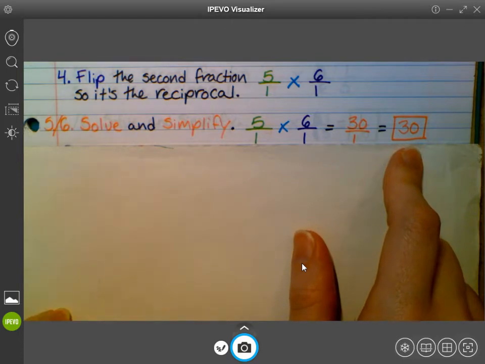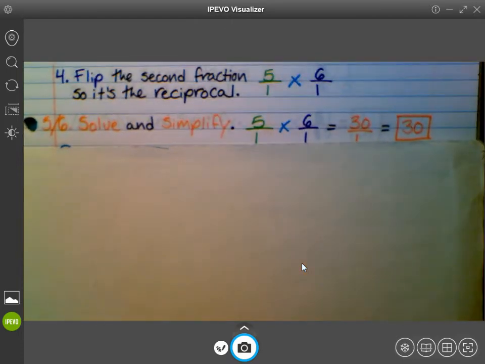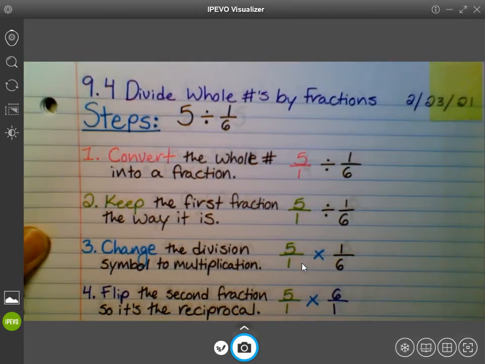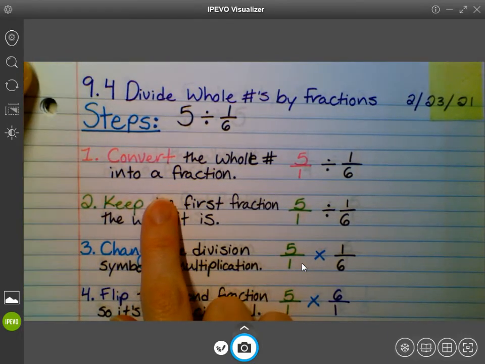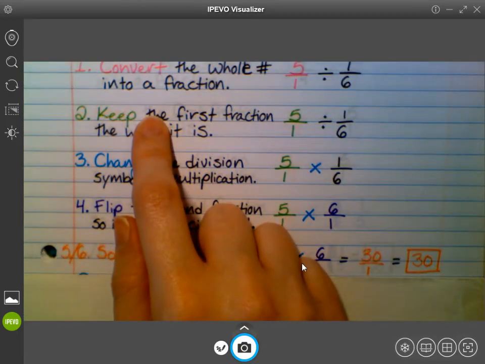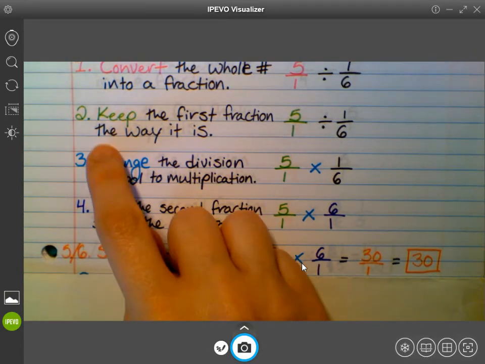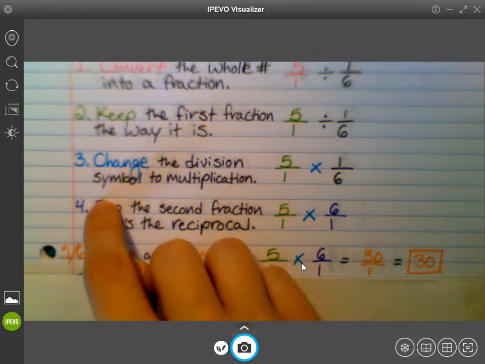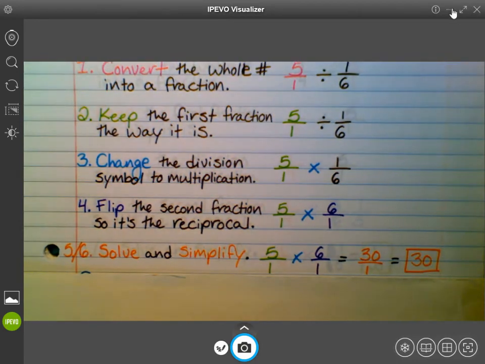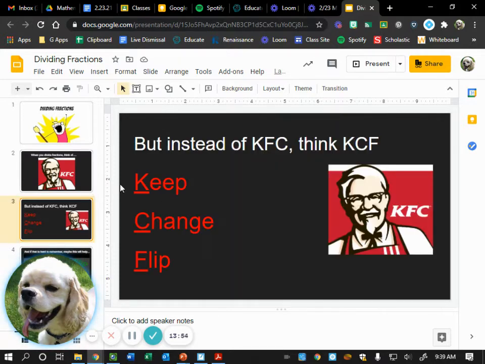Okay, so the kind of silly thing I wanted to show you. When it comes to dividing fractions, because we don't always have a whole number to convert, the main steps in dividing fractions at all is to keep, change, flip. So if we focus on the first letter of each of these, K, C, and F, we can think of KFC, but instead of KFC, think KCF.